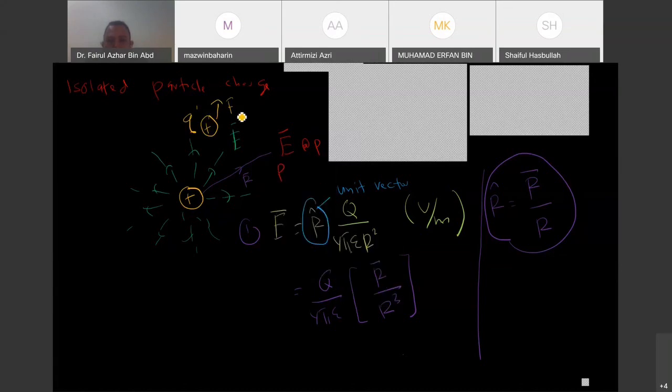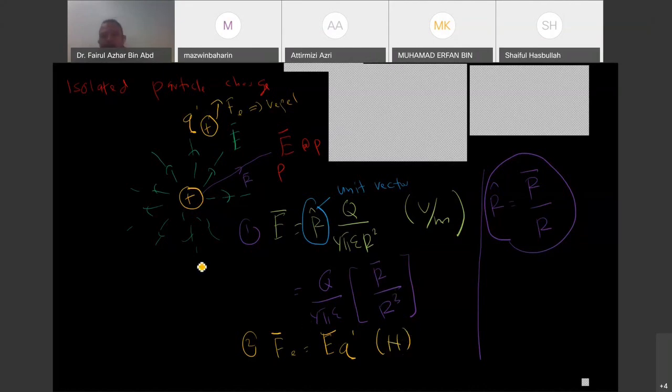So this is Fe, in a direction of repelling each other. In order to calculate the force experienced by this particular charge, we have the expression Fe is equal to E multiplied by Q prime, and the unit of it is Newton.